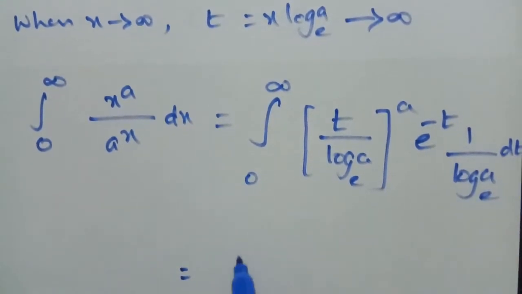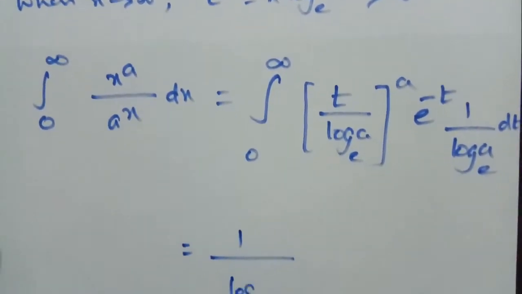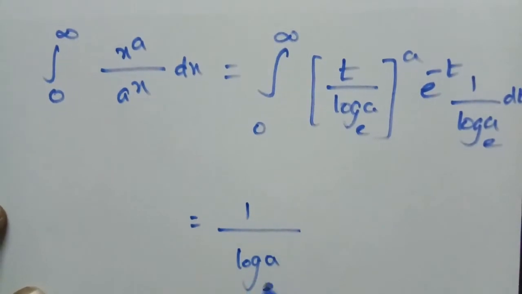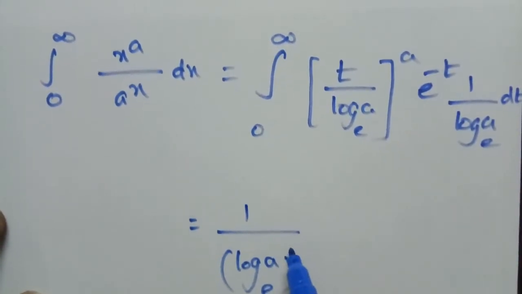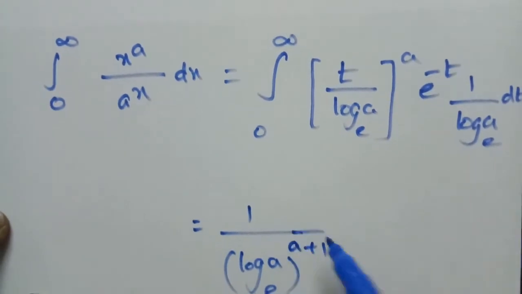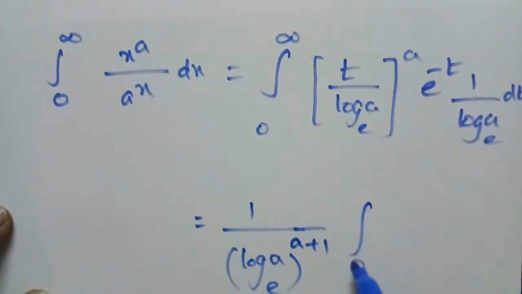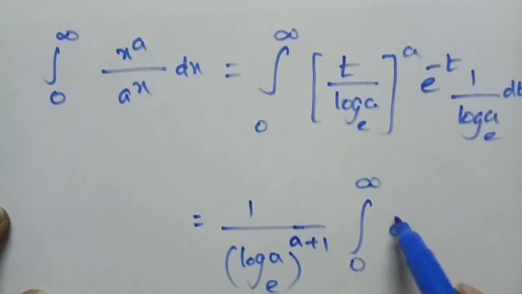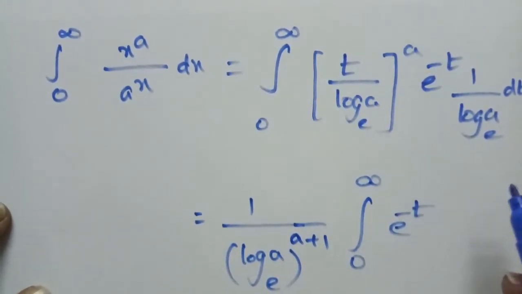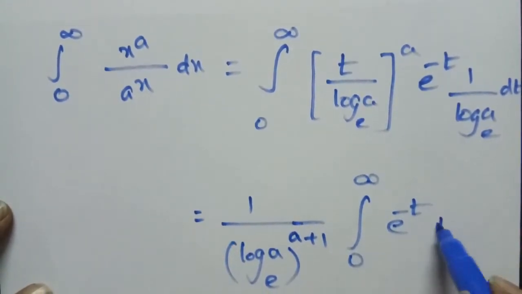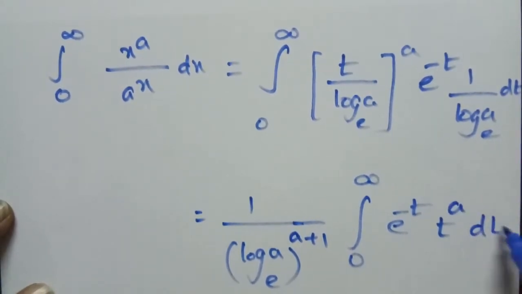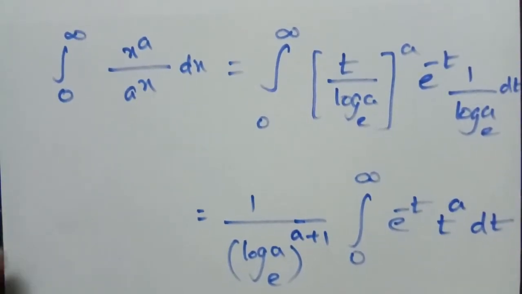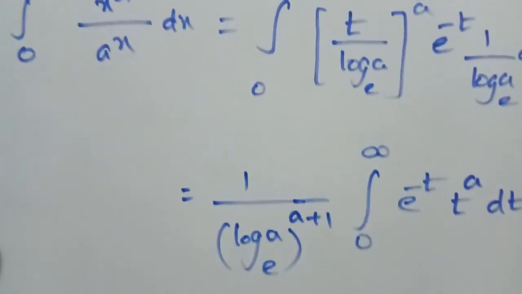Bases are equal, so we add the powers. Since it is a constant, we write log a base e whole to the power of a plus 1 into integral 0 to infinity e power minus t into t to the power of a dt.